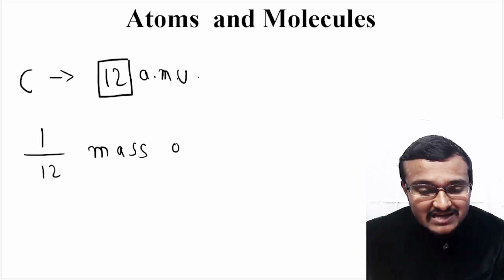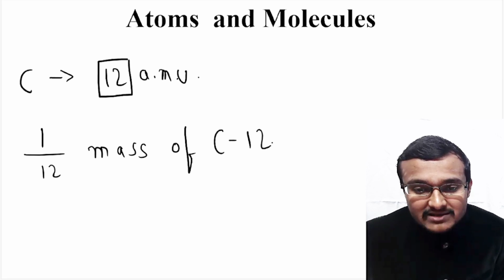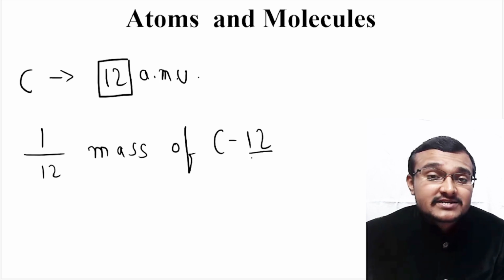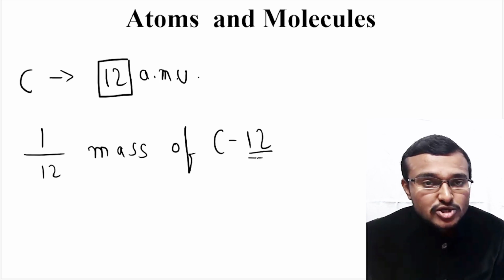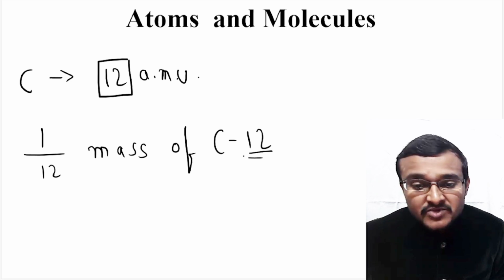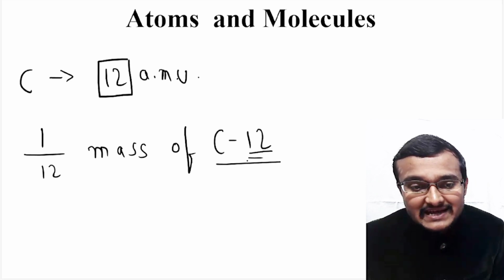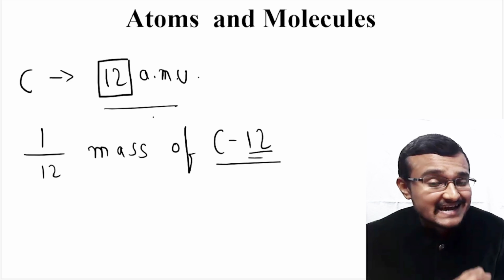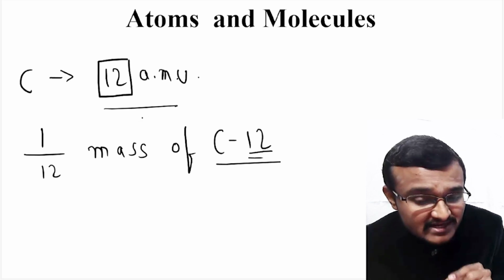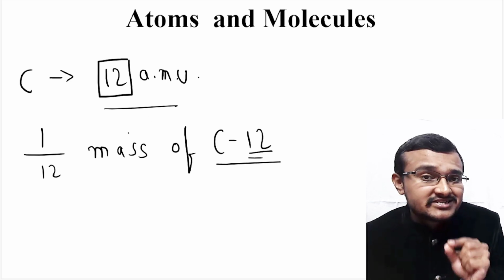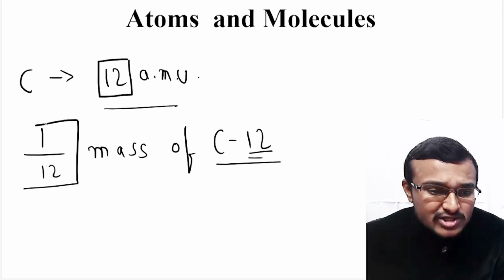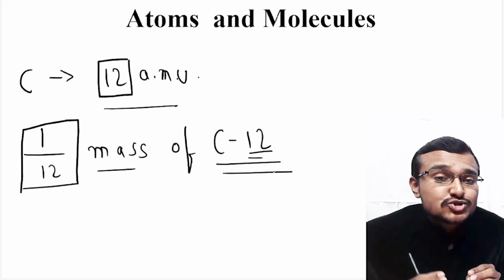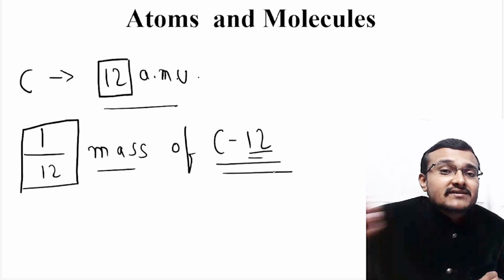So 1/12th mass of carbon 12, because C12 is an isotope of carbon which contains 6 protons and 6 neutrons as its atomic mass number. This C12 isotope has 12 AMU, that is 12 atomic mass unit, as its mass, and this mass is divided by 12, and 1/12th mass of the carbon 12 isotope was used to measure the mass of other elements.